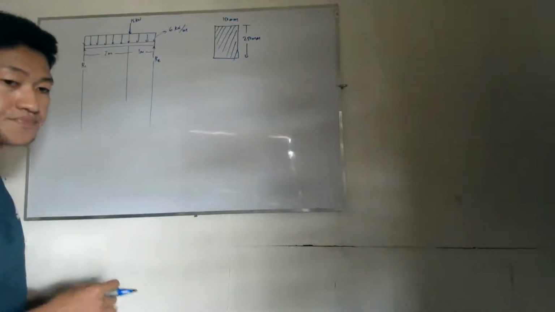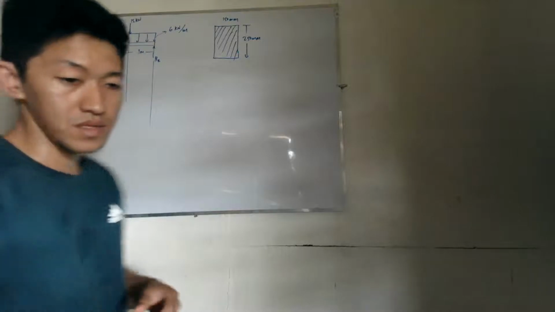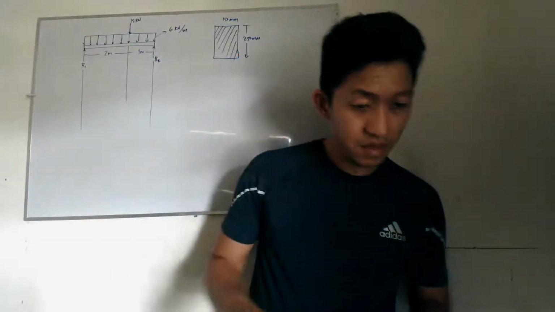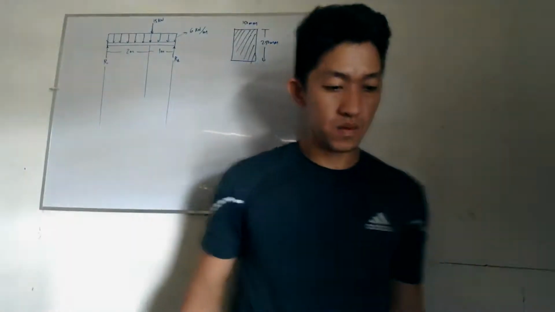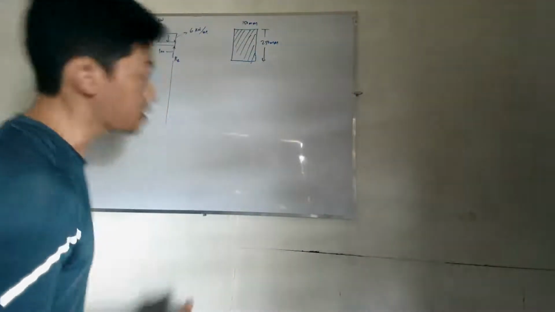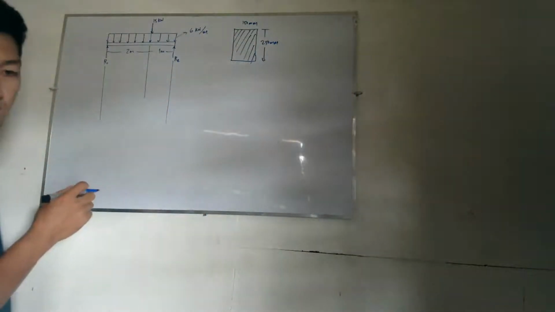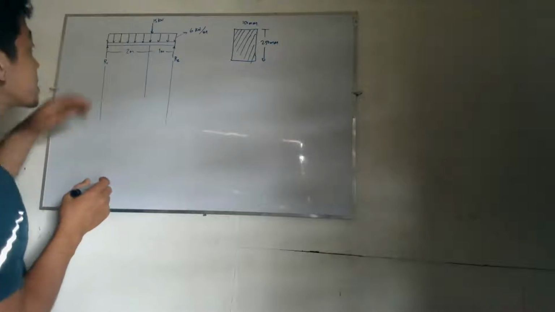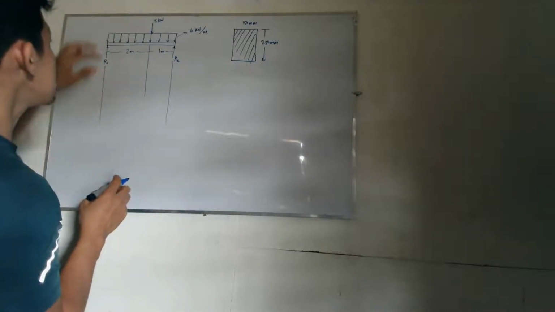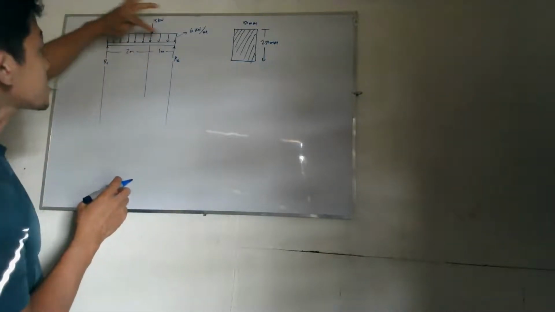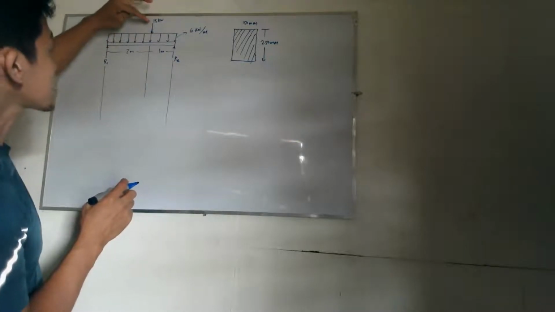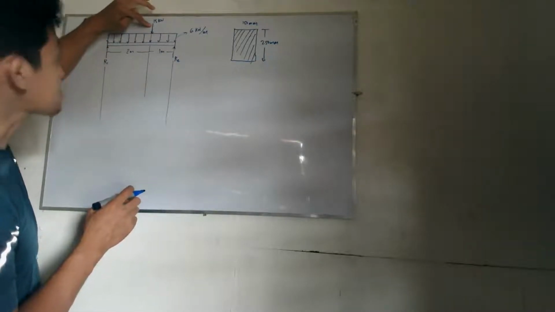Okay, so this is the problem. This is the loading condition. This is a simply supported beam. Kani siya is 6 kN per meter. Kaning concentrated load 15 kN.